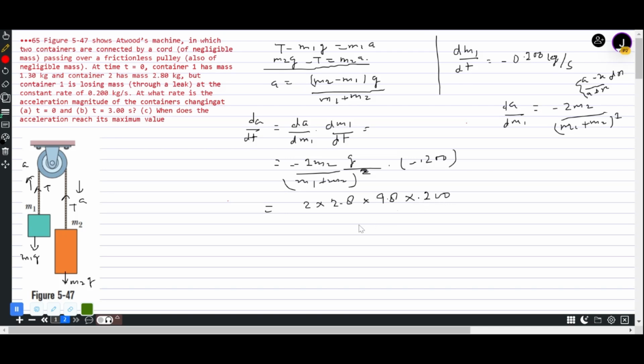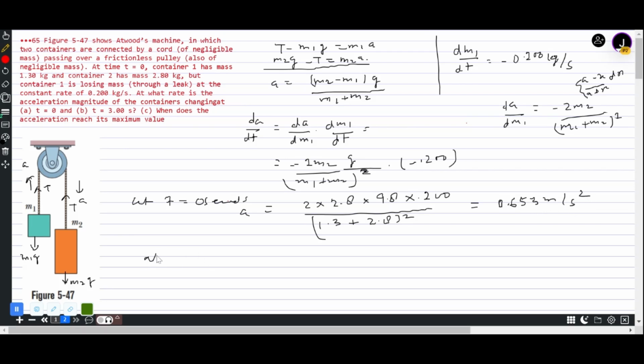We have taken g as 9.8 meters per second square. That is 0.653 meters per second square.